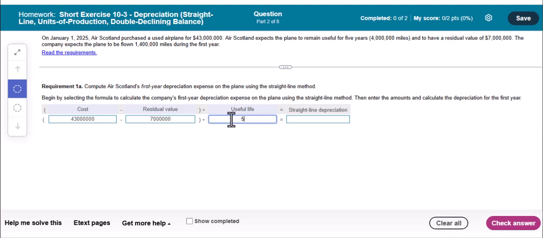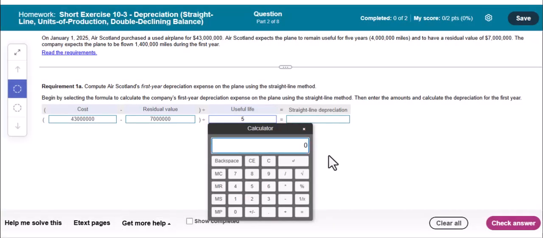And then we'll take our calculator out here to calculate this. 43 million, and then take out 7 million equals 36 million. And then we divide that number by 5. And then that's going to be 7,200,000.